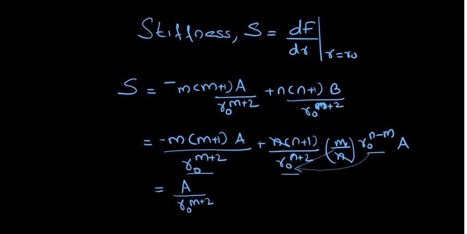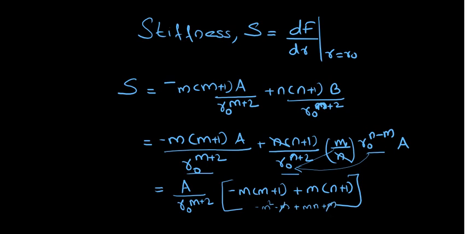What is left in the first term is minus m into m plus 1, and in the second term it is m into n plus 1. Now this becomes minus m square minus m, and this becomes m n plus m, and m and minus m get cancelled, and you get m into n minus m.